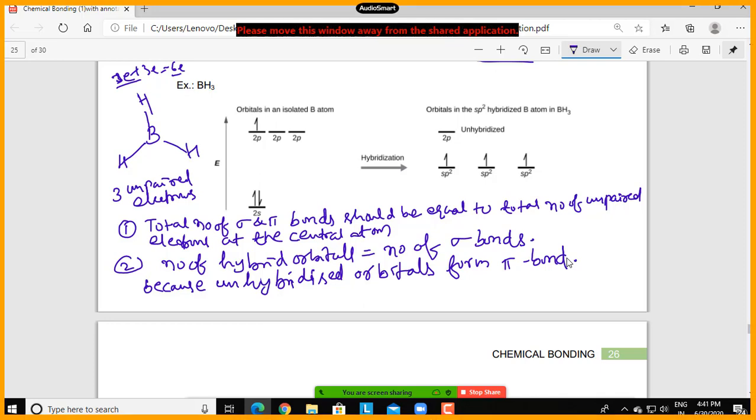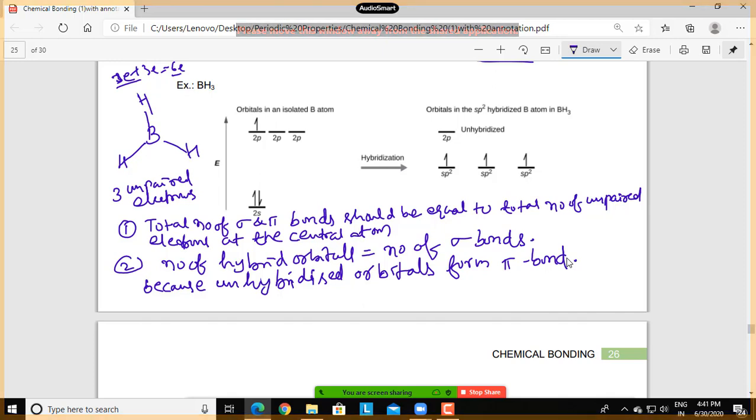सर सेकंड पॉइंट मतलब समझ नहीं आया. Number of hybrid orbitals must be equal to number of sigma bonds. Means pi bond forms unhybridized. So if it is making hybridization, it cannot form pi bond.